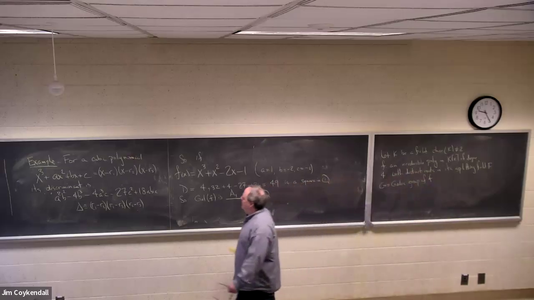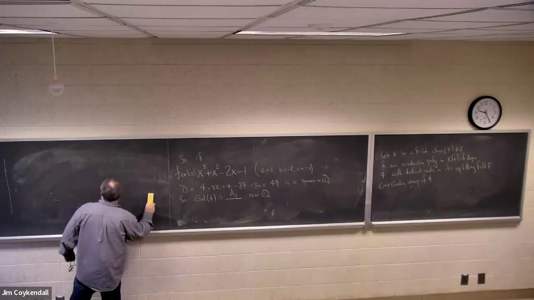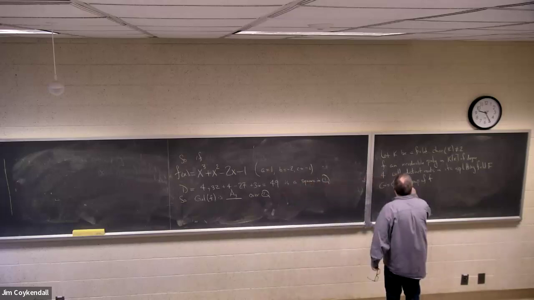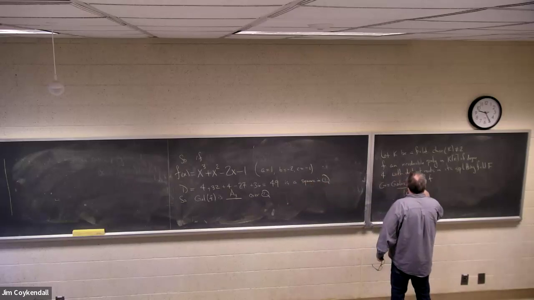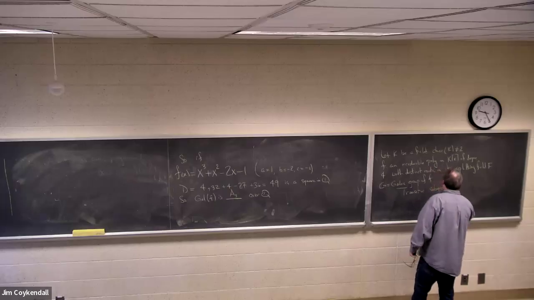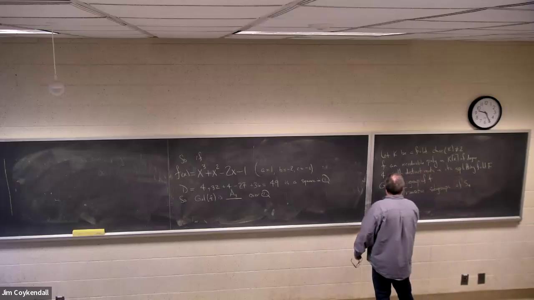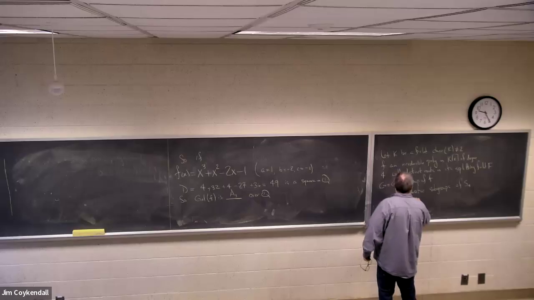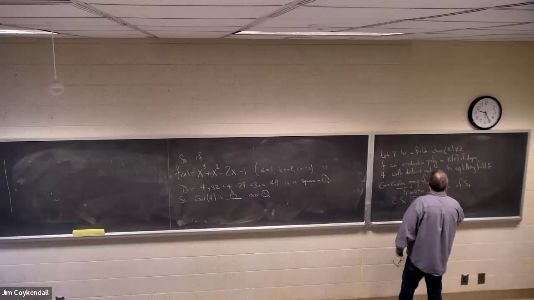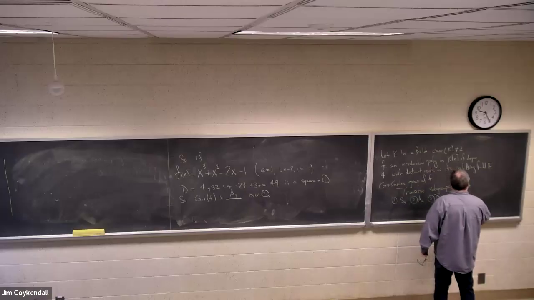So let G be the Galois group, a transitive subgroup of S4. And this can turn out to be one of these: S4, A4, D4, cyclic of order 4, and the Klein 4 group.